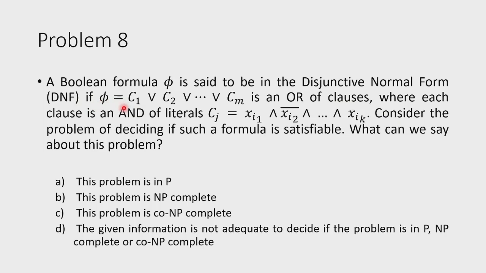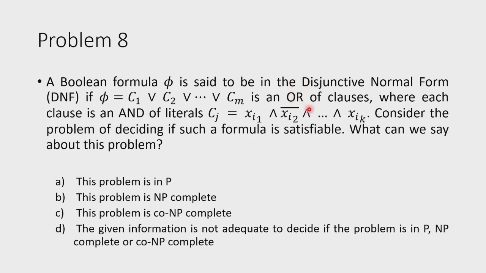Is a formula in the disjunctive normal form clear? This is the disjunction of the conjunctions. In the class you would have seen the conjunction of disjunctions. This is the opposite of that.